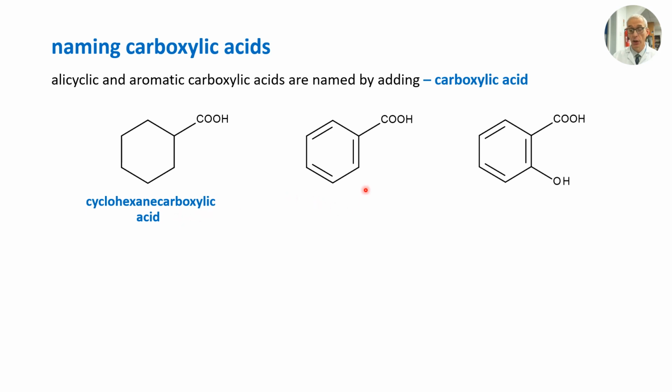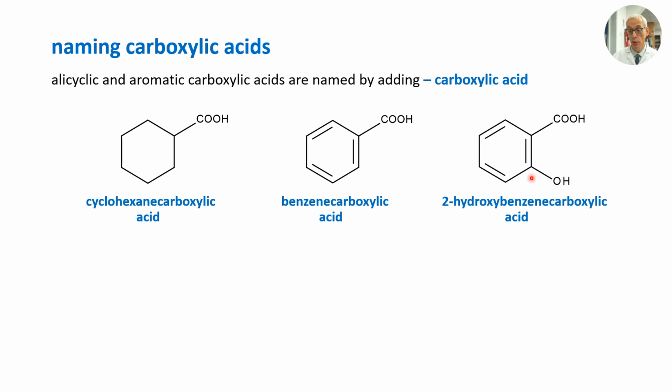Okay, so here we have a benzene ring, so it's very simply benzene carboxylic acid. Here we have a benzene ring carboxylic acid, but also a hydroxyl group. The positioning of the carboxylic acid defines carbon number 1, so this is carbon number 2.